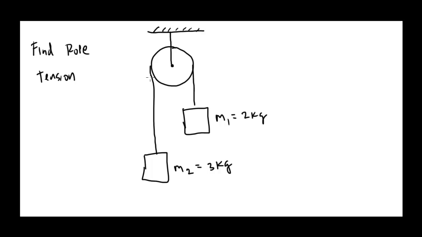The reason for that is that if the tension varied from element to element throughout the rope, then the different pieces of the rope would be accelerating at different values. And that's not allowed. If that were happening, then the rope would break. And assuming that the rope doesn't break, then the tension has to be everywhere the same.